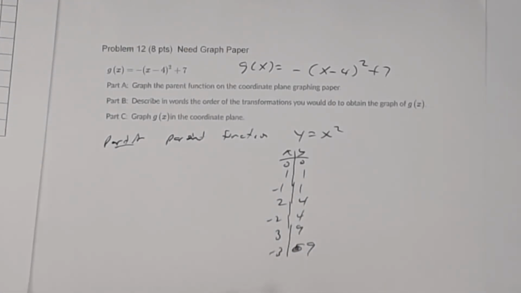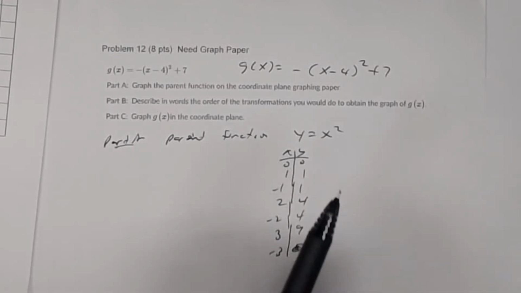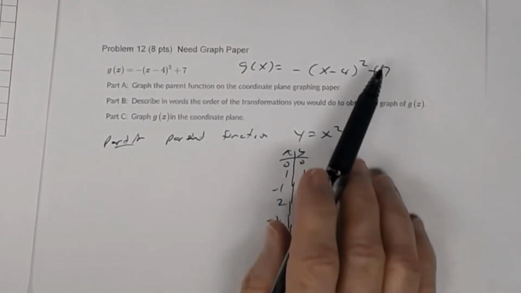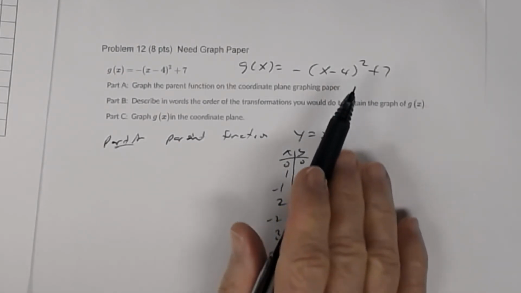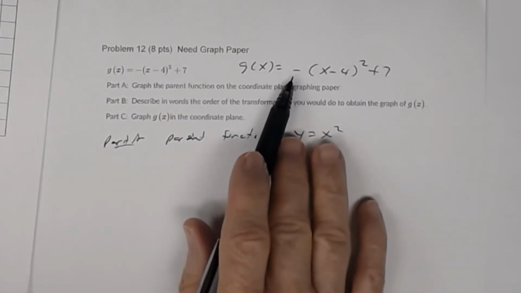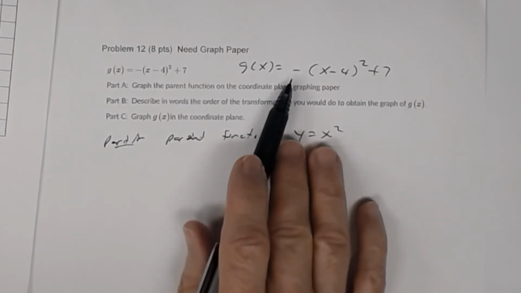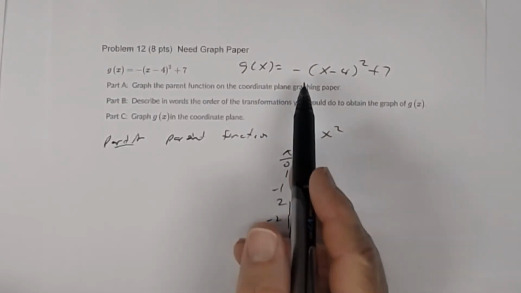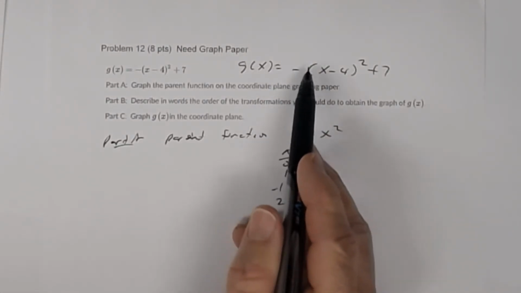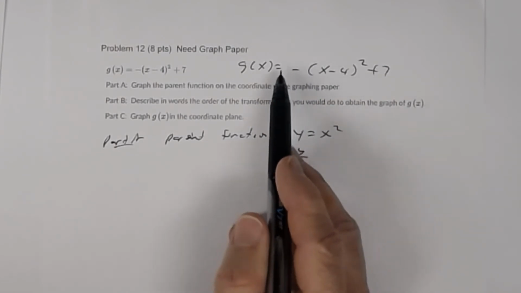Okay, now part B says describe in words the order of the transformations you would do to obtain the graph of g of x. So keep in mind the vertical translation has to be done last. That has to be done last, because if you do the reflection at the end, you actually get a different graph. All right. So first we're going to do the reflection about the x-axis.